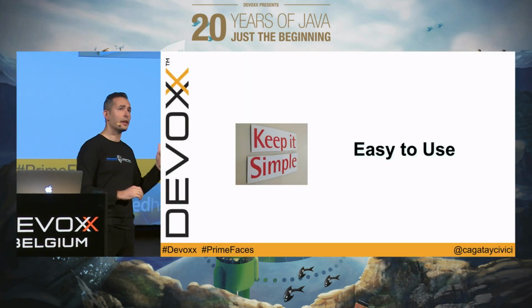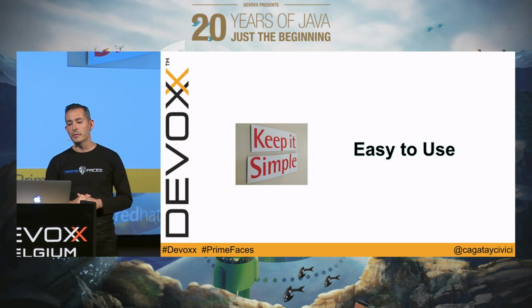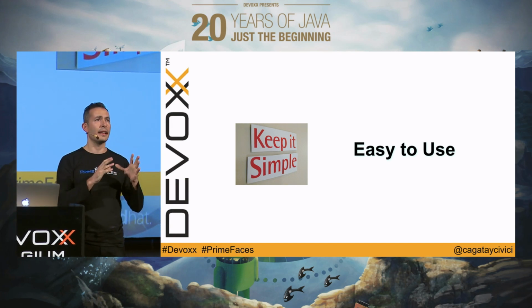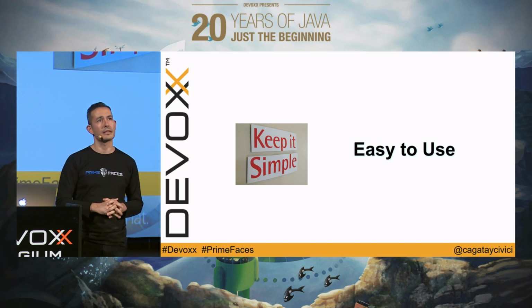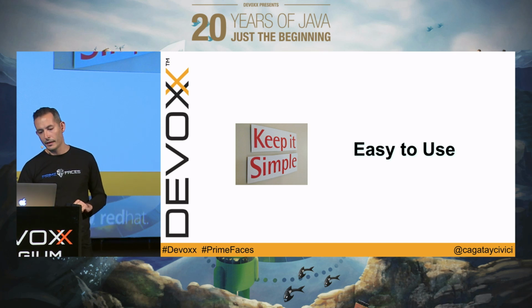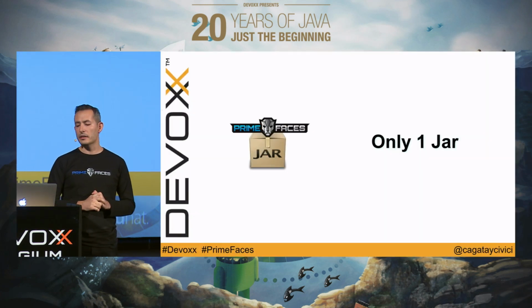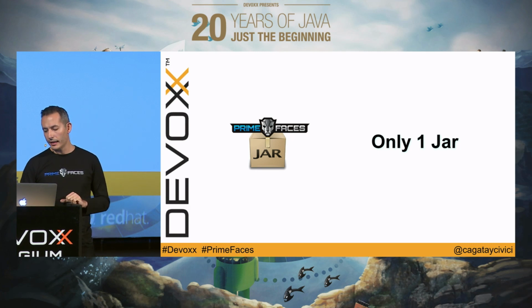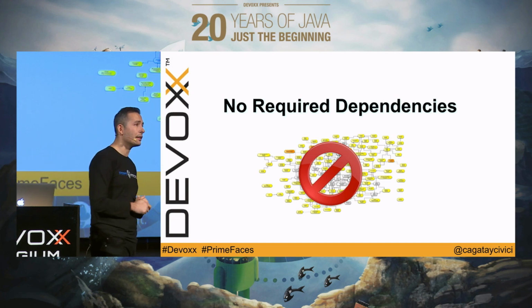And one of the reasons why it is quite popular is it's easy to use, so PrimeFaces can handle complex UI requirements so that you can focus on the business side of things. It's one small jar file, like 3 megabytes right now, and it doesn't require any dependencies.